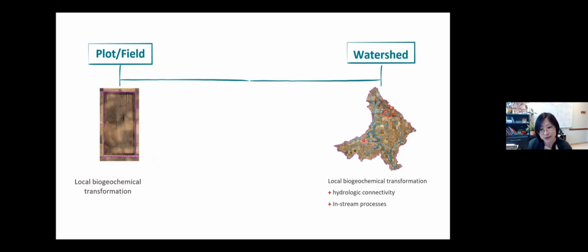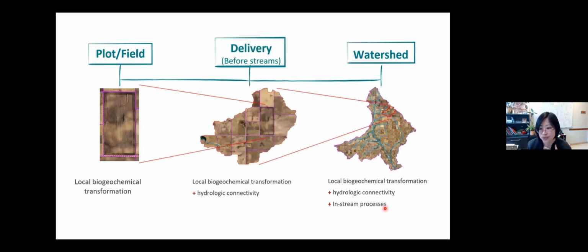And to the right, the watershed scale not only includes those local nitrogen cycling processes, but also has to consider hydrological connectivity and nitrogen transformation during in-stream processes. So it's really difficult to identify in which process the model results have been biased.